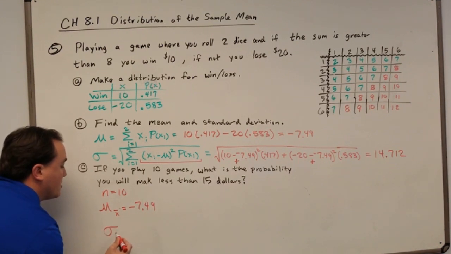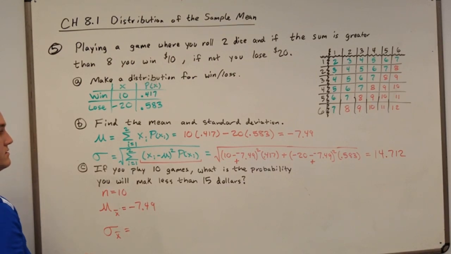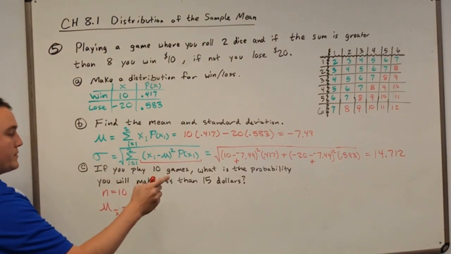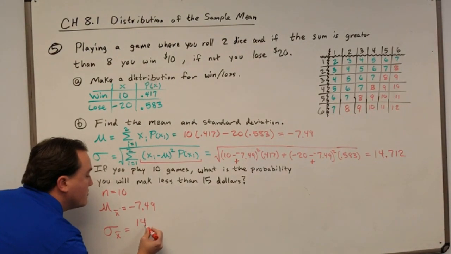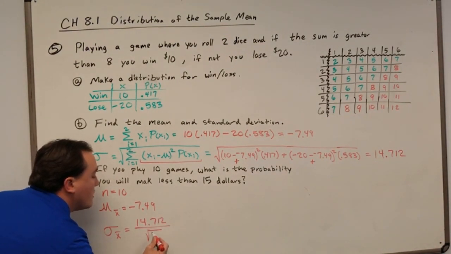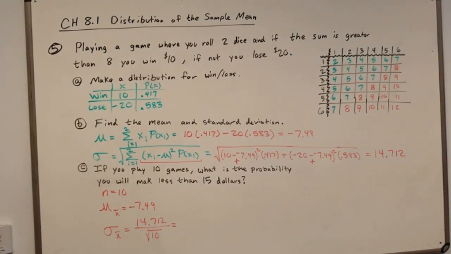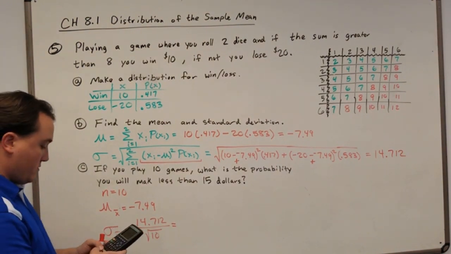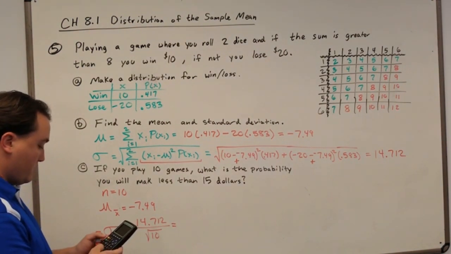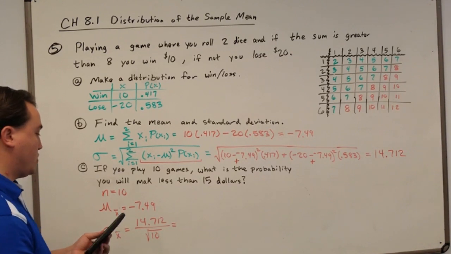And our standard deviation, or standard error, is the population, 14.712, divided by the square root of 10, which is 4.652.